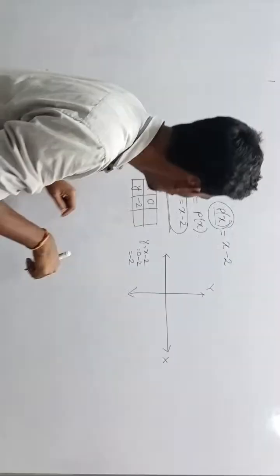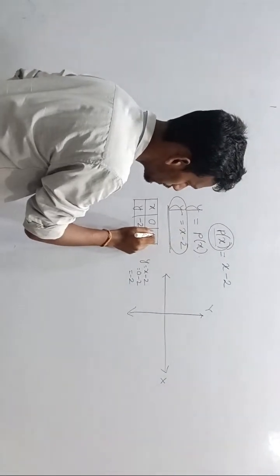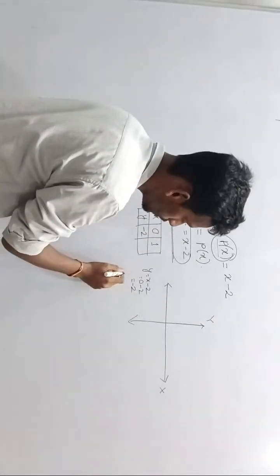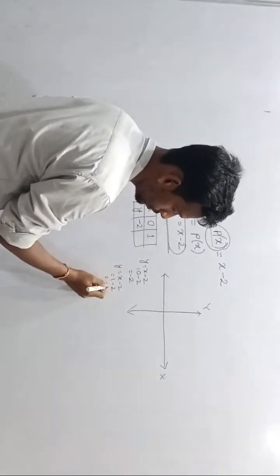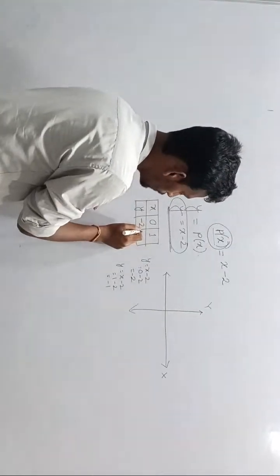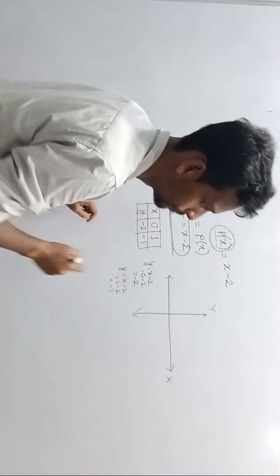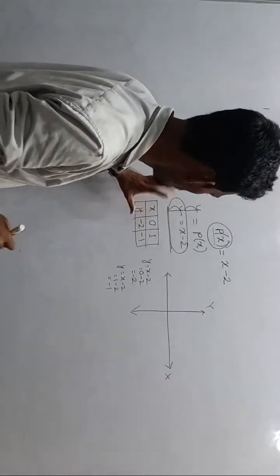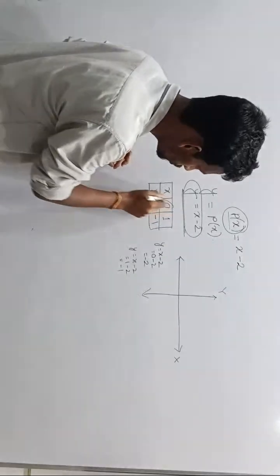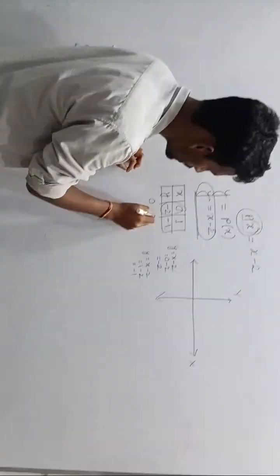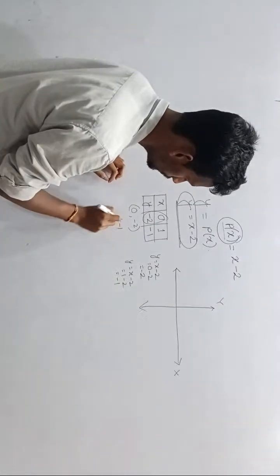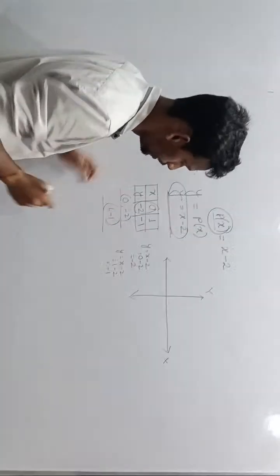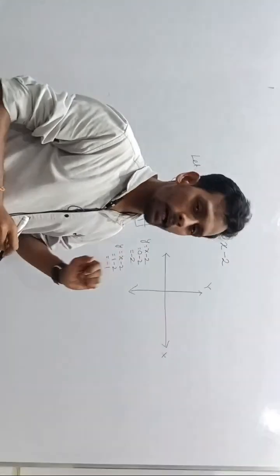Clear? Now, if you put the value of x equal to 1, then y is equal to x minus 2, 1 minus 2, minus 1. Value of y will be minus 1. Clear? Now, you got 2 points. First one is (0, minus 2). Second one is (1, minus 1). These 2 points you can plot on the graph paper.